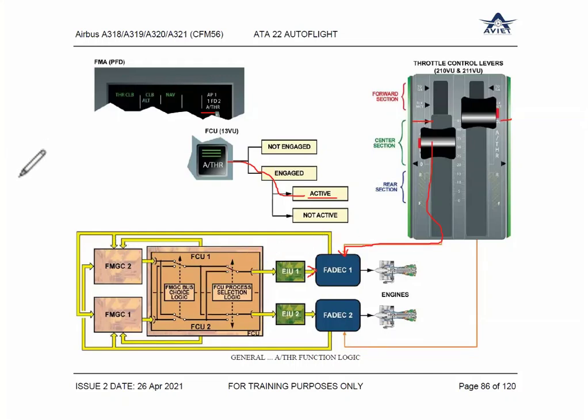Let us say you are flying at flight level 300, and at this time you are flying with 28K pound thrust. Just understand the example.